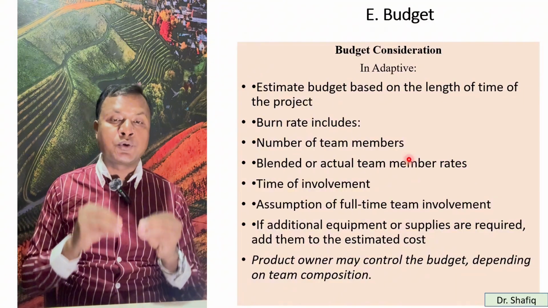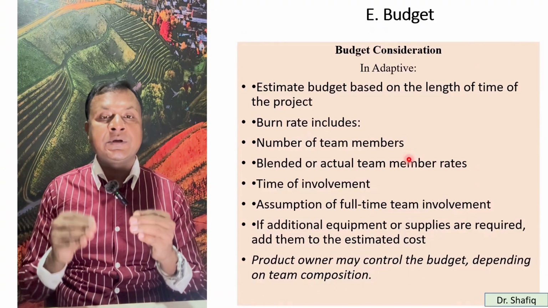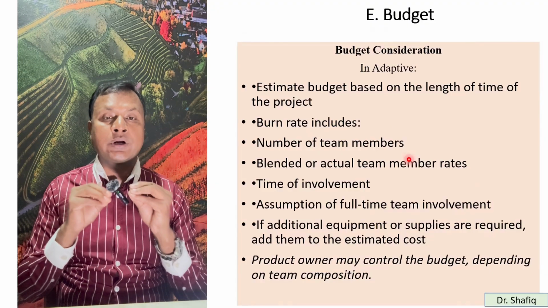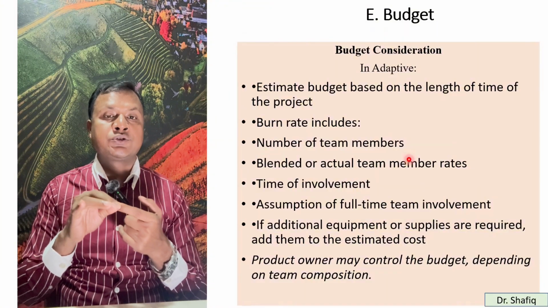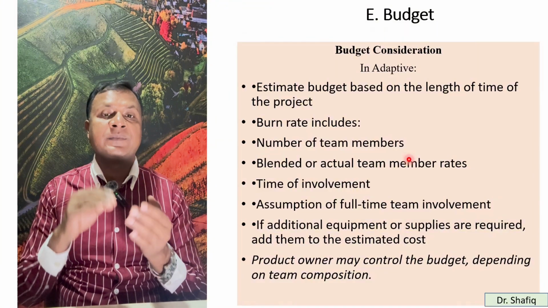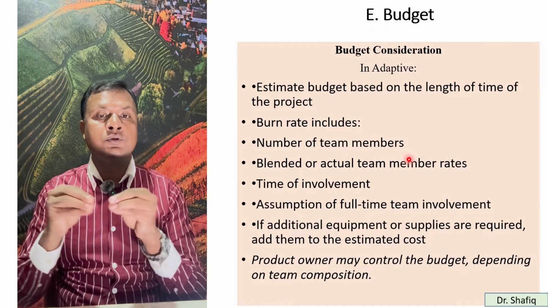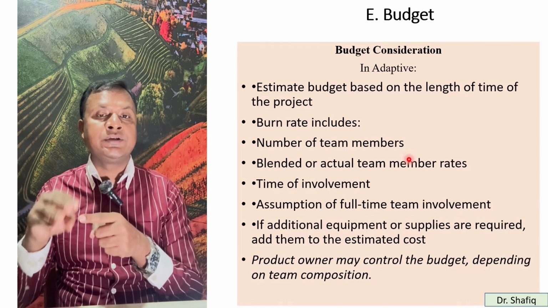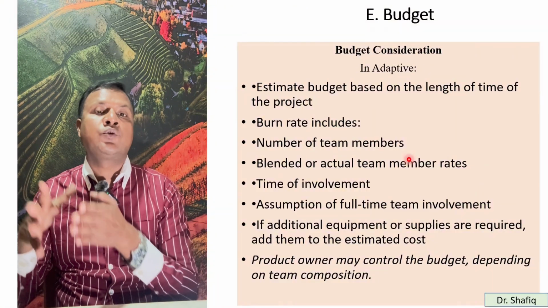The product owner may control the budget depending on team composition. In adaptive, the product owner decides the backlog stories and the features, and decides for each iteration what will be the value addition, what features will be added, and based on that what will be the cost.